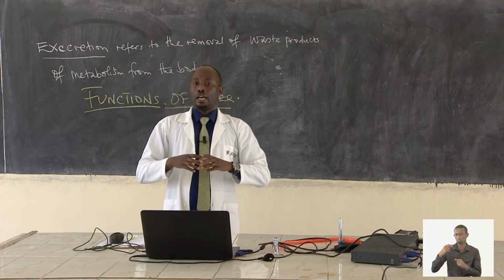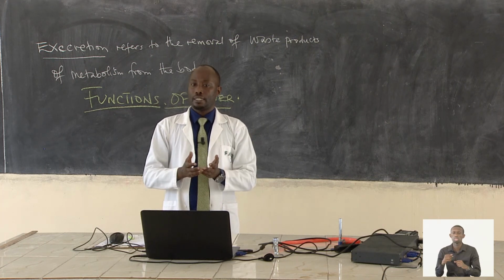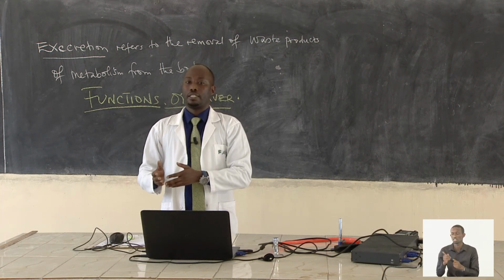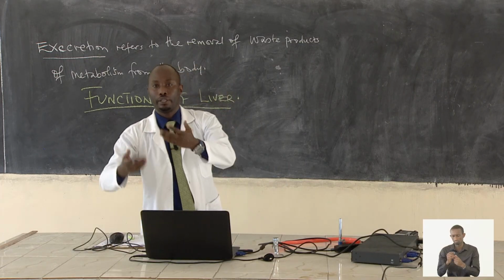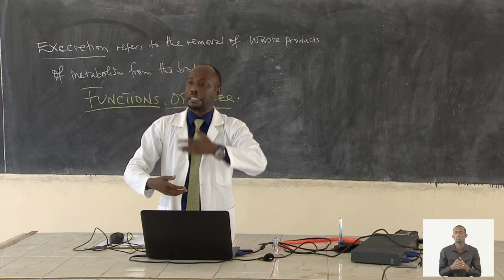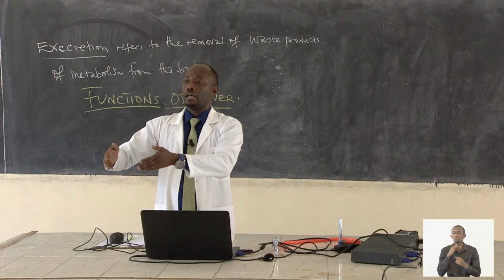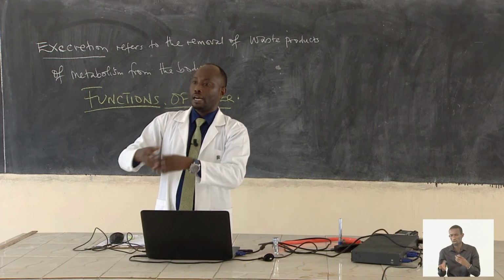Hemoglobin from old, worn-out red blood cells is broken down by the liver cells into pigments, which pass through the body and are eliminated as a process of elimination or excretion, where these waste products are discharged through the urine and even other routes.